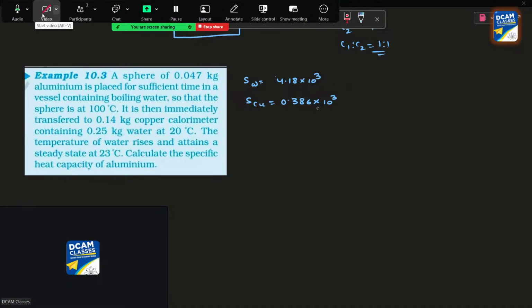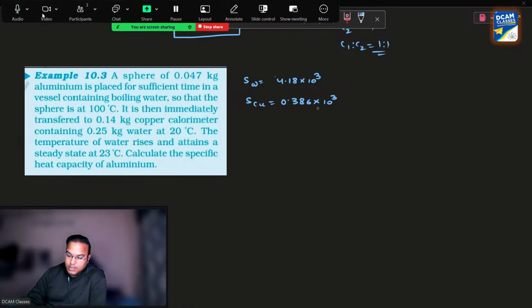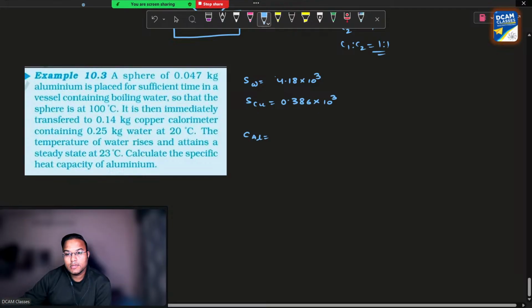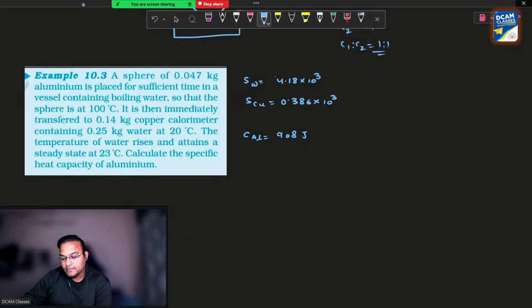Actually, they have said the answer is 908 joule per kg per Kelvin. The answer is 908 joule per kg per Kelvin.